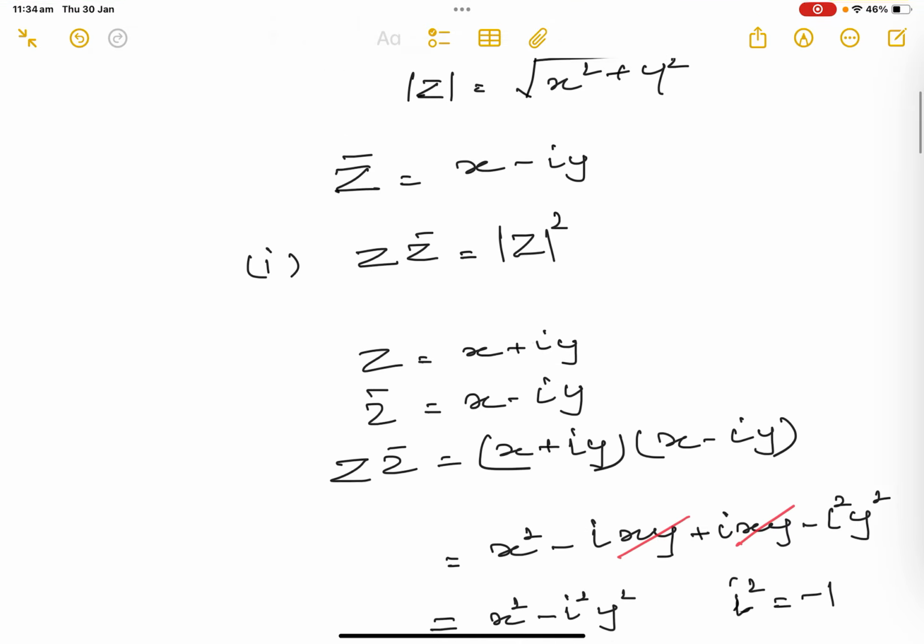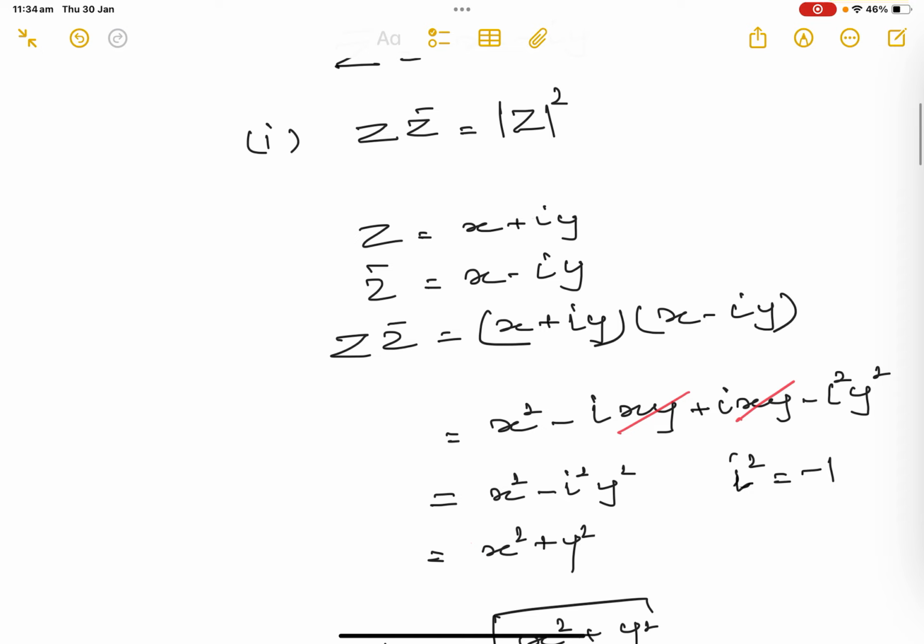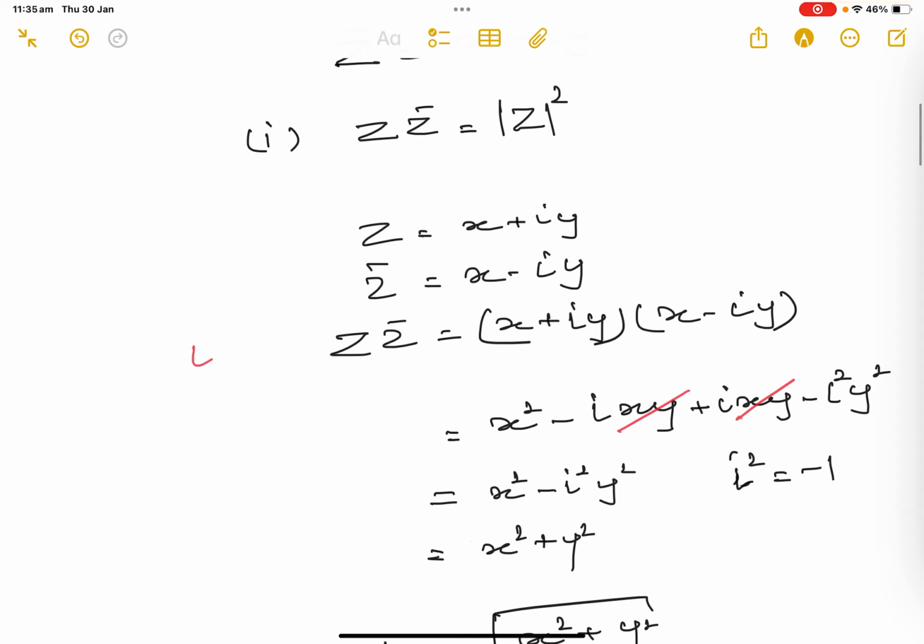Now the first part, z times z bar, or conjugate. So z is x plus iy, z bar is x minus iy. We need to prove z times z bar equals the modulus of z squared. So if we take the left hand side, it equals z times z bar, x plus iy times x minus iy.